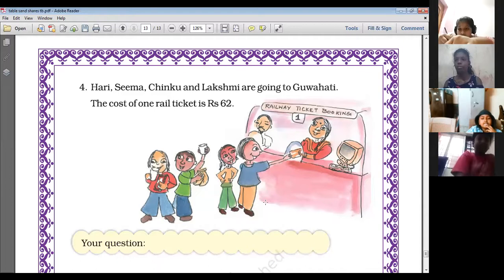What is the cost of the rail ticket for all the 4?